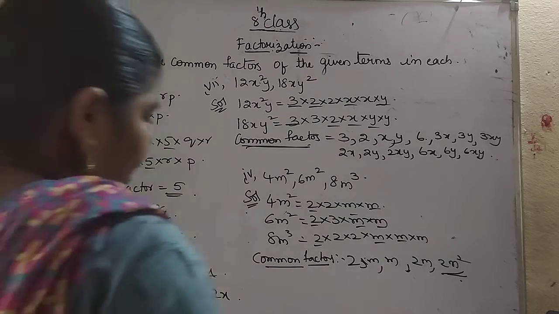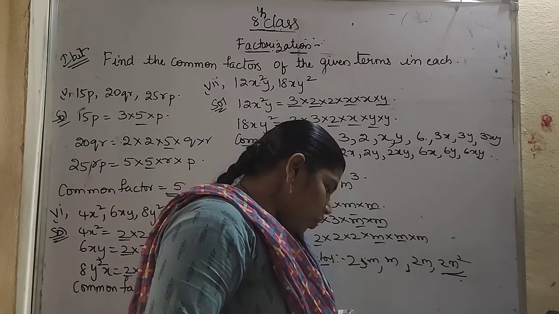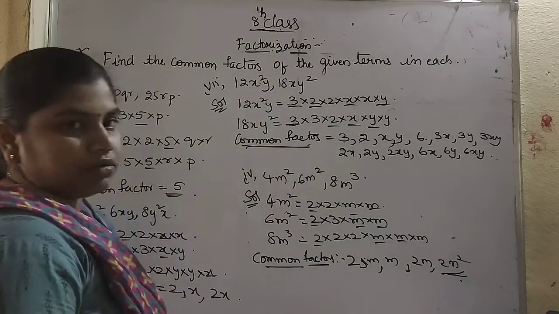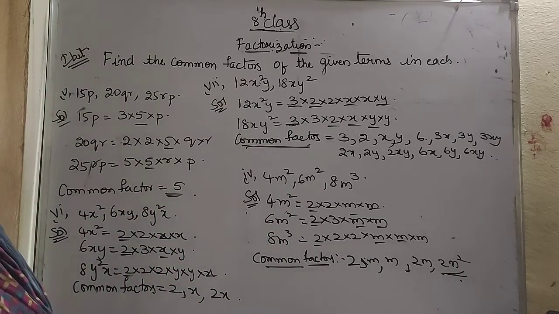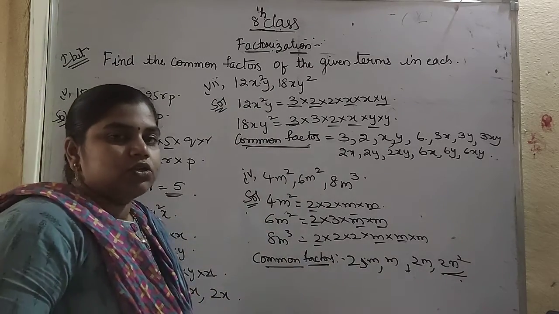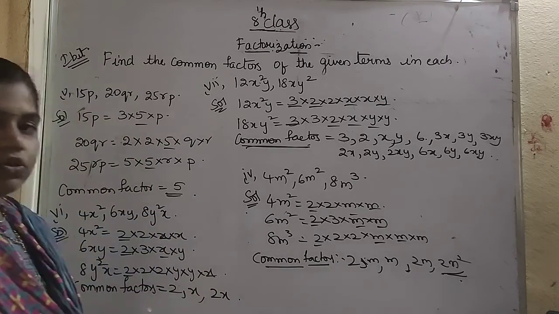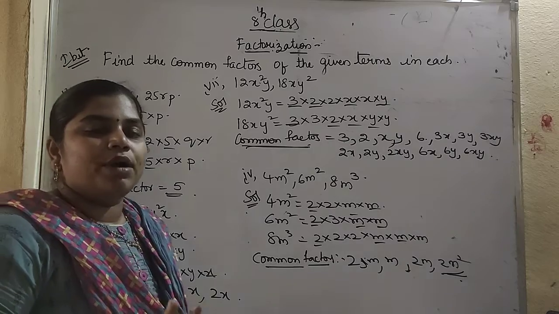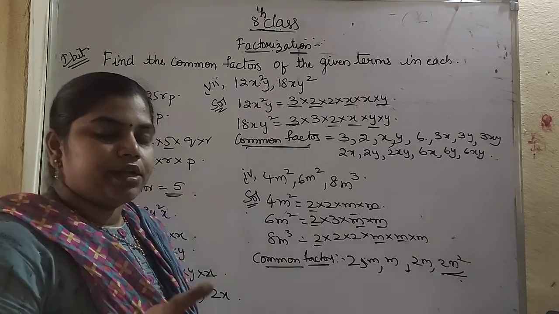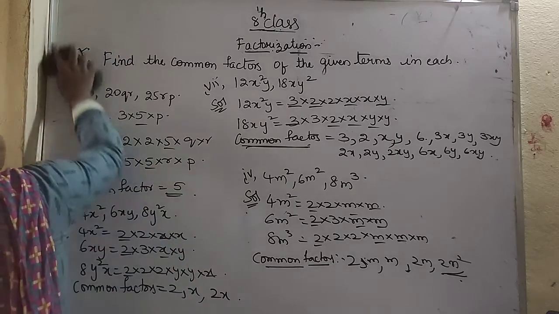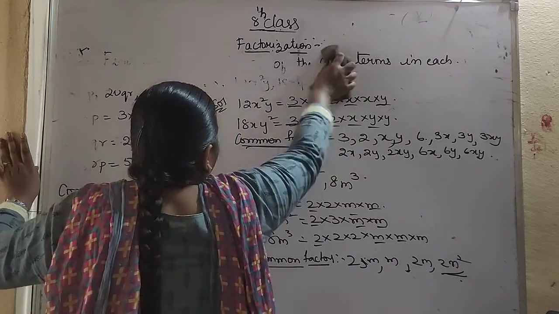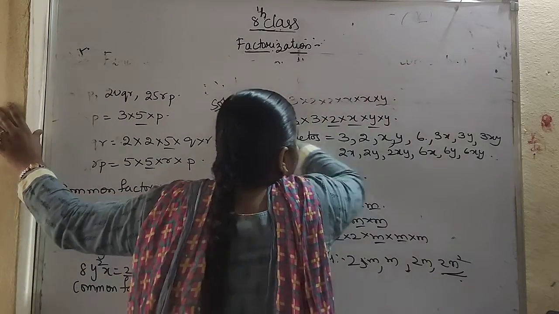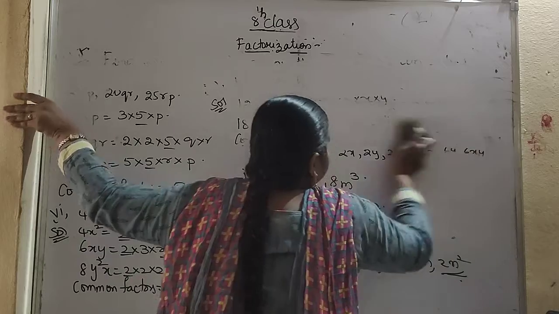Next is the second bit. Factorize the following expression. Now we have to factorize the following expression by using grouping terms. If you are seeing only 2 terms or 3 terms, we can group. If you have common values in that, you can take out the common terms from that. By using that method, we are doing the next bit.